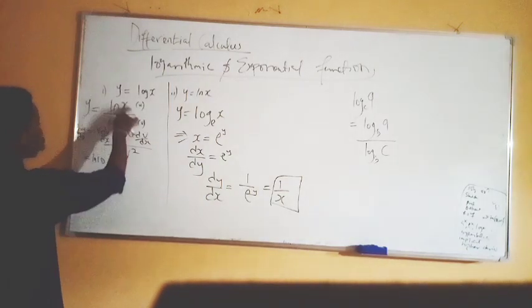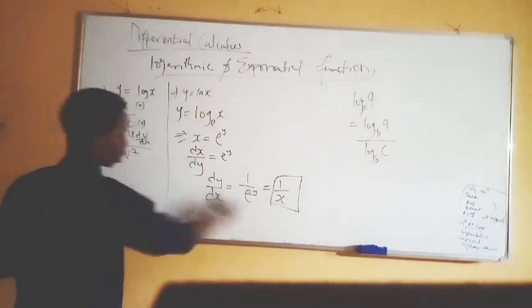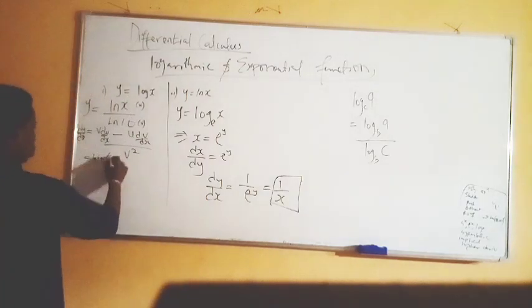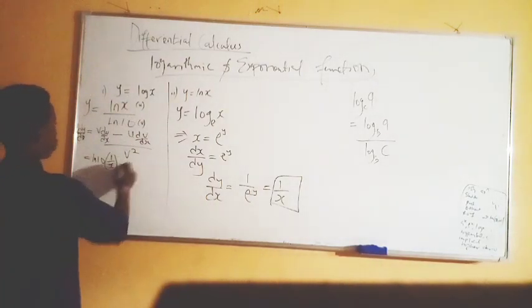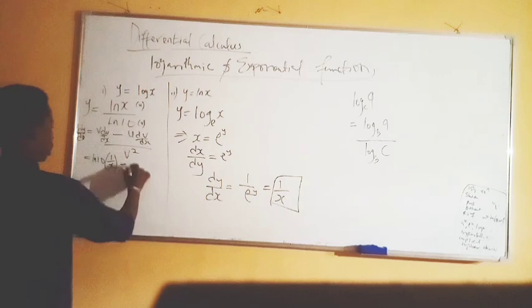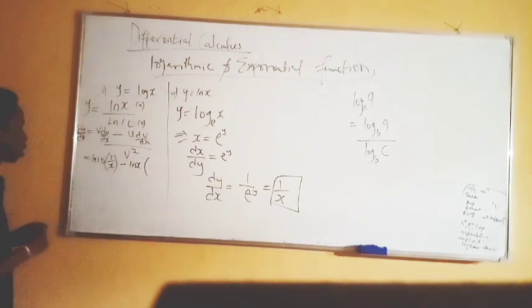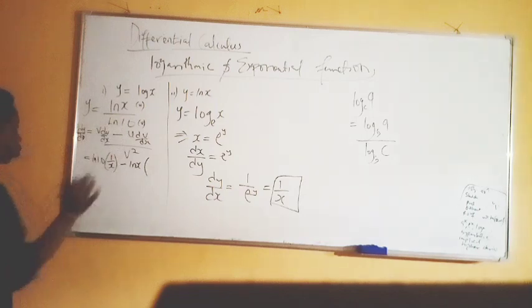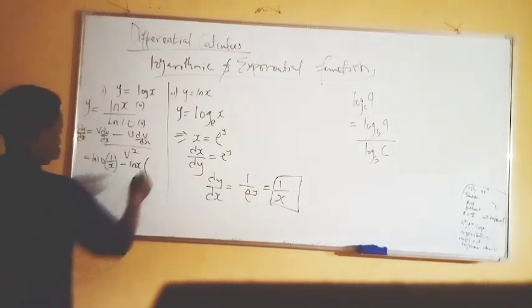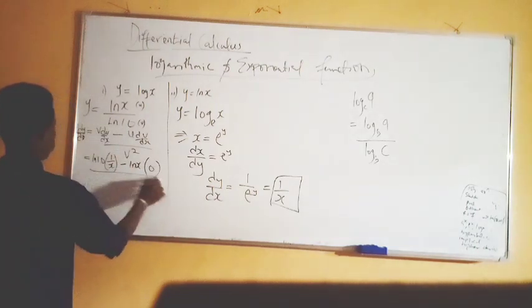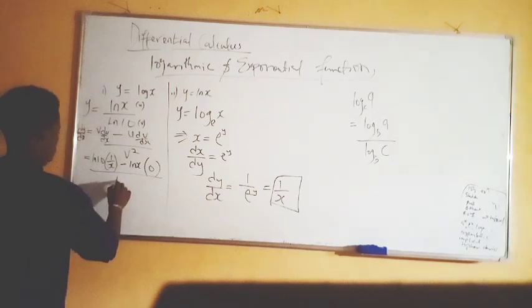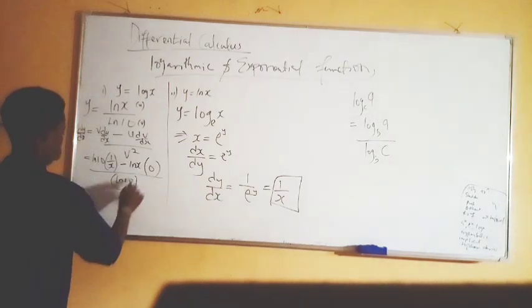If we differentiate this ln x as we've done here, we'll have 1 over x, minus u, which is ln x, times dv/dx. Remember I said this is a constant, and if you differentiate a constant, it's 0. So this is 0, over v squared being ln 10 all squared.